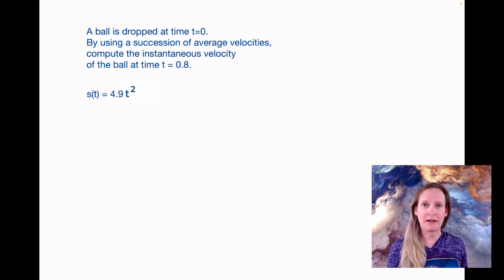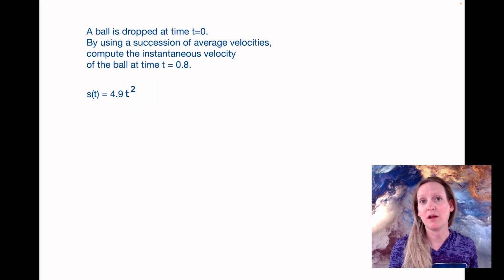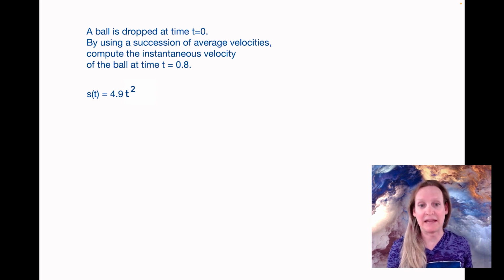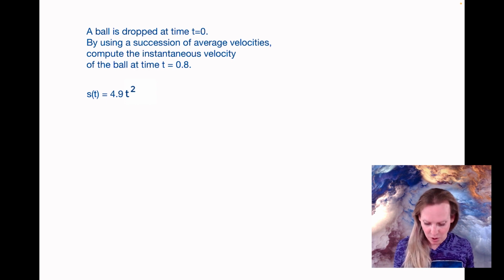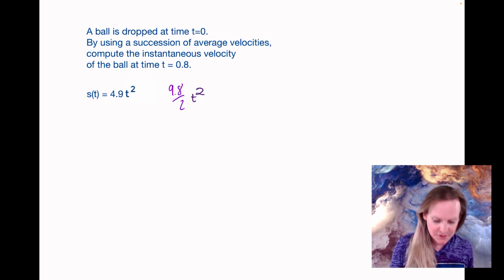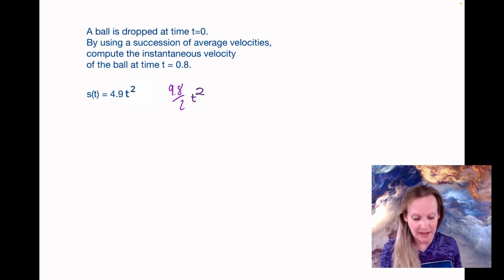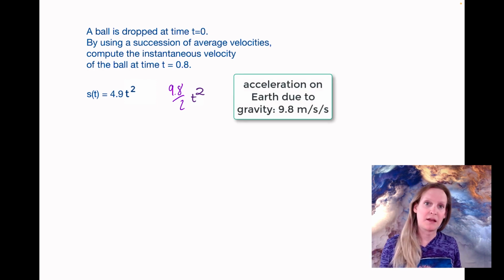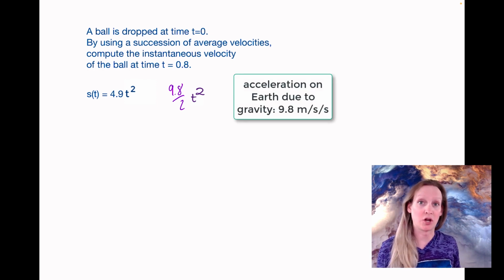We're modeling the path of this ball with the function s of t. And in this case, it's 4.9 t squared, or another way of thinking about that is 9.8 over 2 t squared. Now, 9.8 meters per second squared is the acceleration due to gravity on Earth.